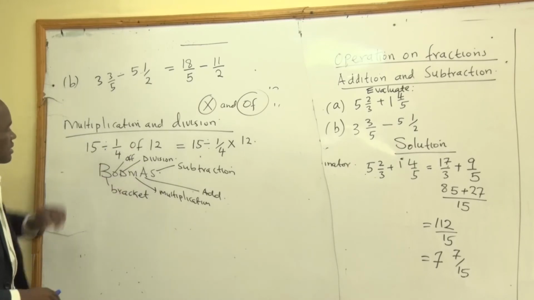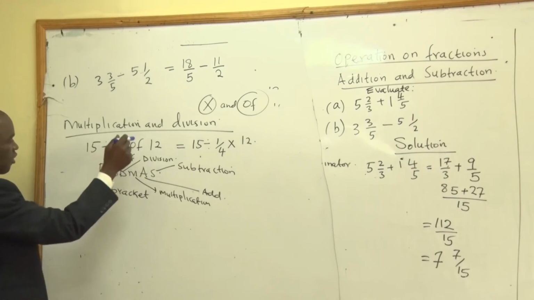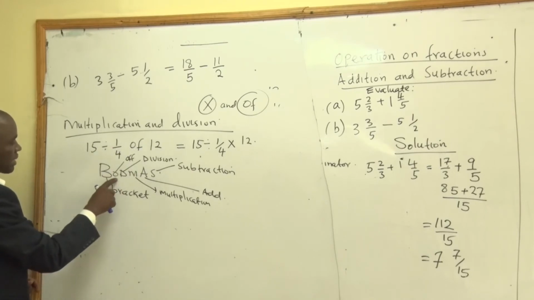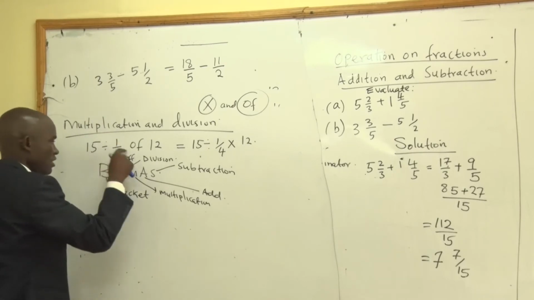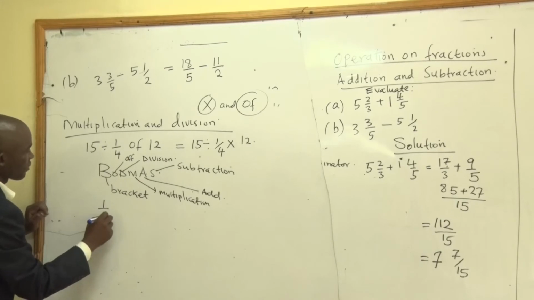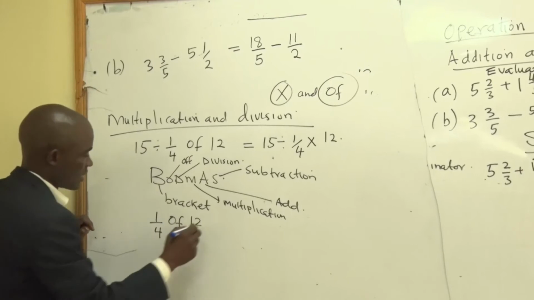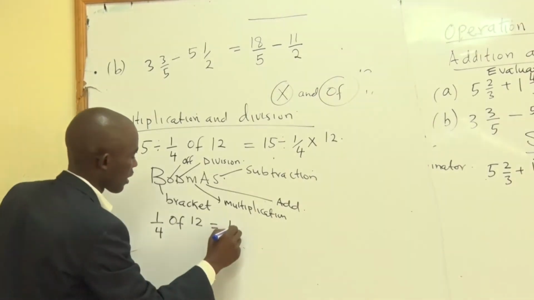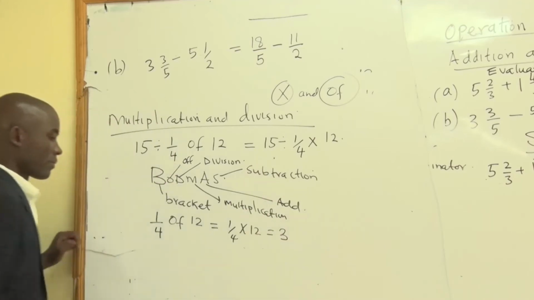So in this case, we have a division and we have off. But off comes earlier than division. So we start with the off. We take a quarter of 12, which is the same as a quarter times 12, which equals 3.